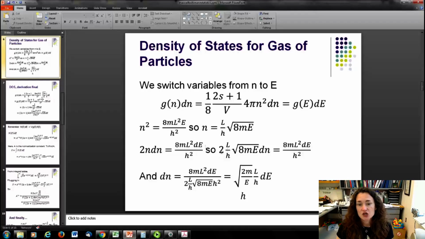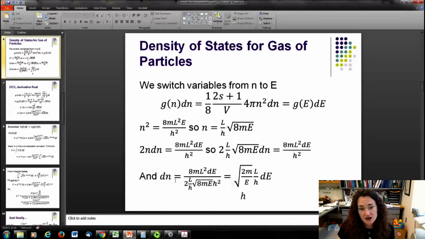So I'm plugging in 2L over h times the square root of 8mE dn is equal to 8mL squared dE over h squared. And then that gives me dn is equal to 8mL squared dE over 2L over h root 8mE h squared. And then if I simplify that further, then I get this little expression here, okay?